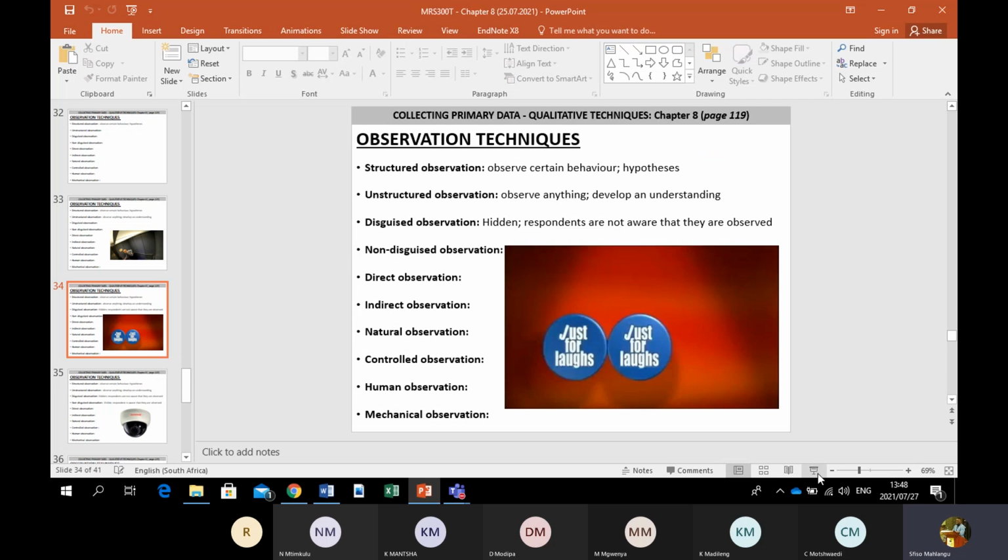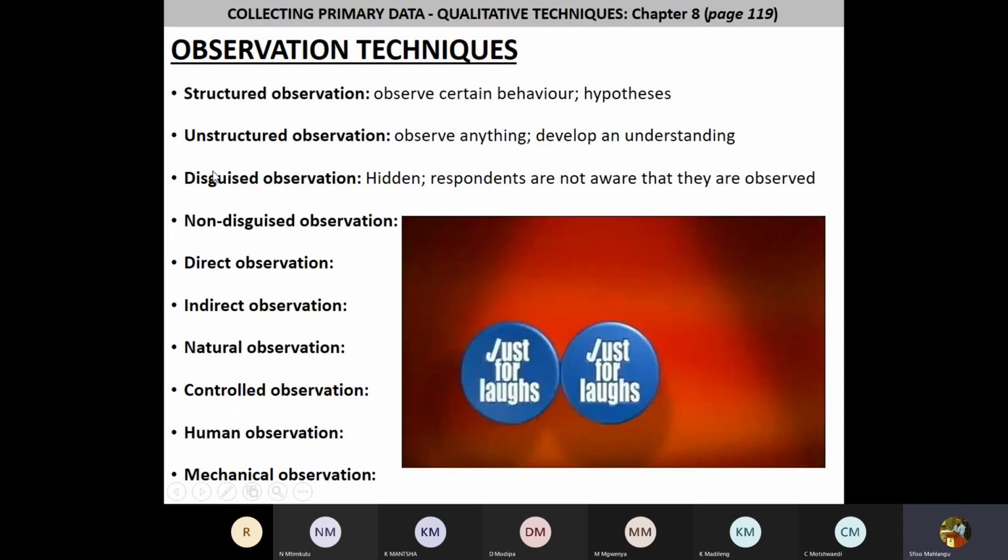So let's look at the difference between the two. Disguised observation is whereby respondents are not aware they are being observed. So we've got the hidden camera. Like the term indicates, disguised, it means that it's hidden, which means that it could be a camera. And here we've got another practical example.